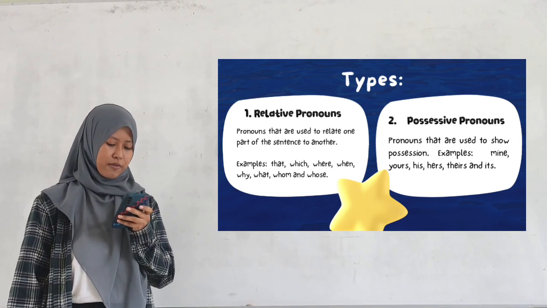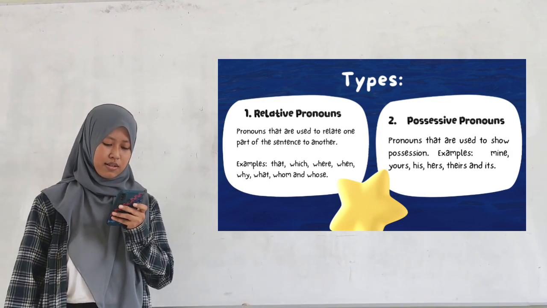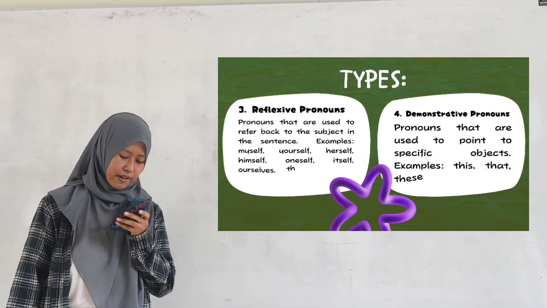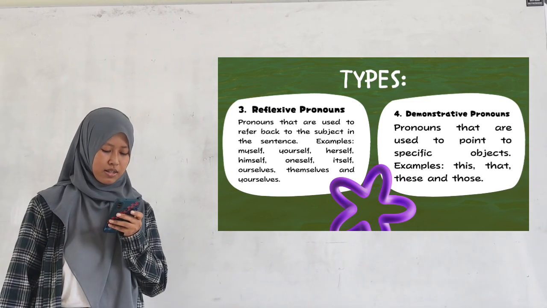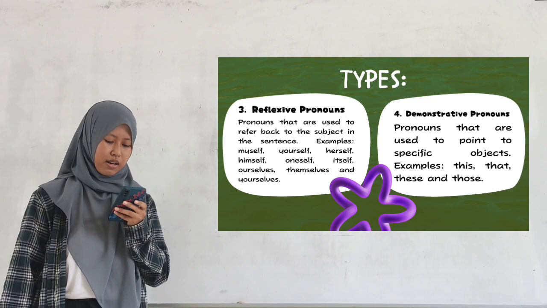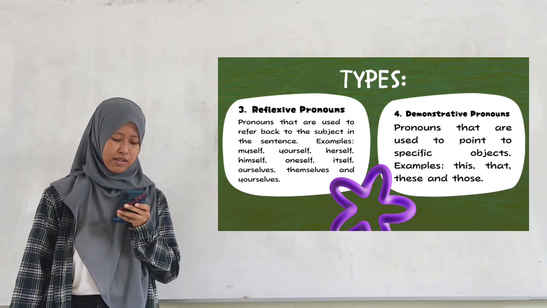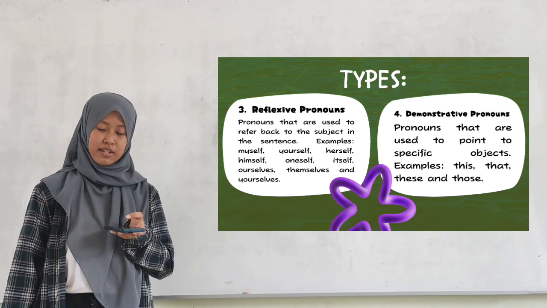Some examples are mine, yours, his, hers, theirs, and its. The third one, reflexive pronouns are pronouns that are used to refer back to the subject in the sentence. Some examples are myself, yourself, herself, himself, oneself, itself, ourselves, and yourselves.